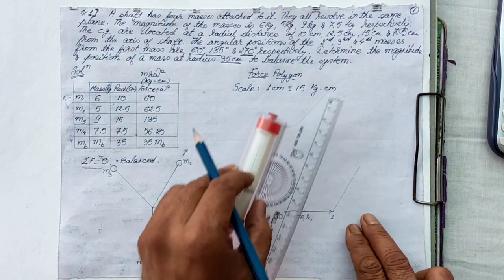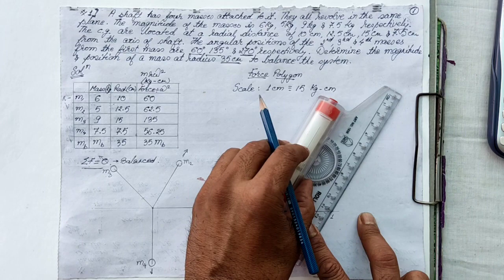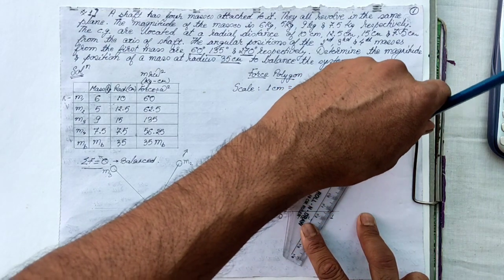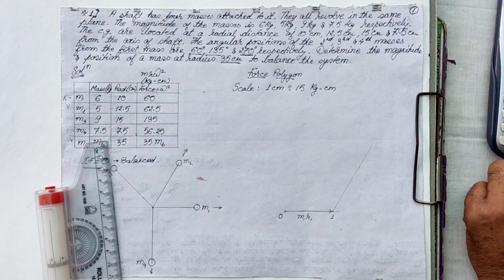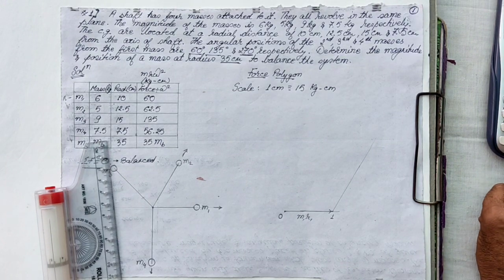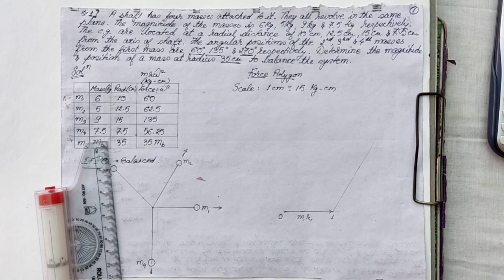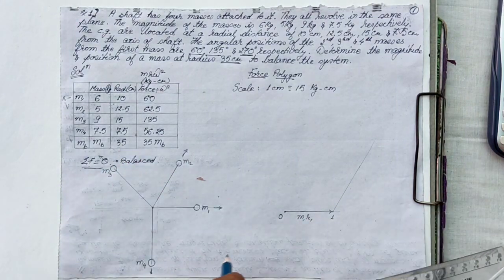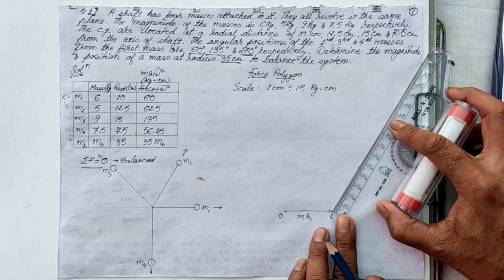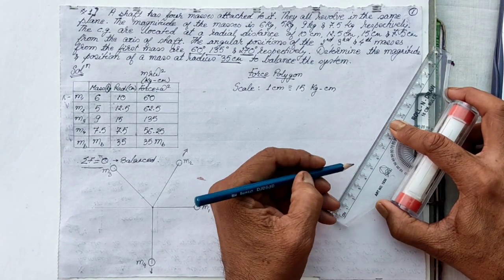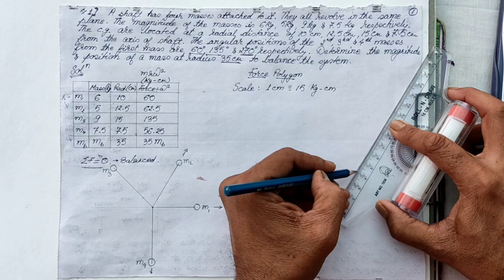It is 62.5, divided by 15, it comes out to be 4.16, so 4.2 centimeter.